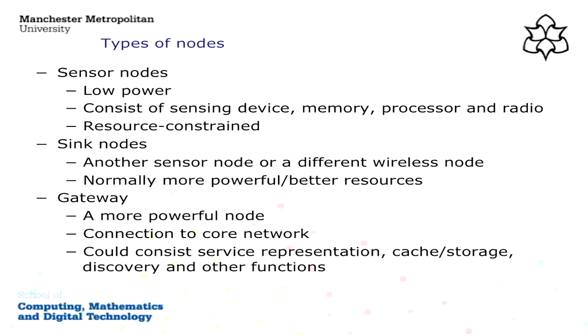Now the things you develop in labs, they are nodes. It's just that they're very powerful nodes and they've got a full-blown power supply. They've got Wi-Fi and Bluetooth on your laptop or your desktop machine. But typically we're talking about something like a Raspberry Pi or some sort of micro node really running these.